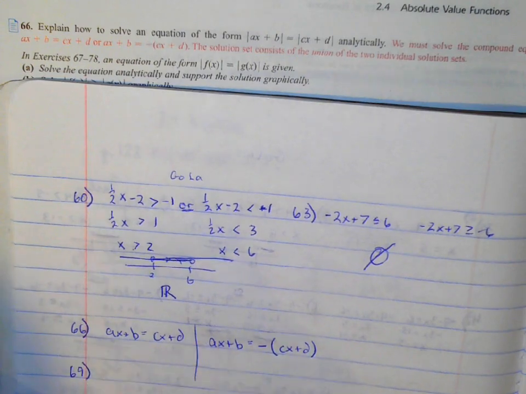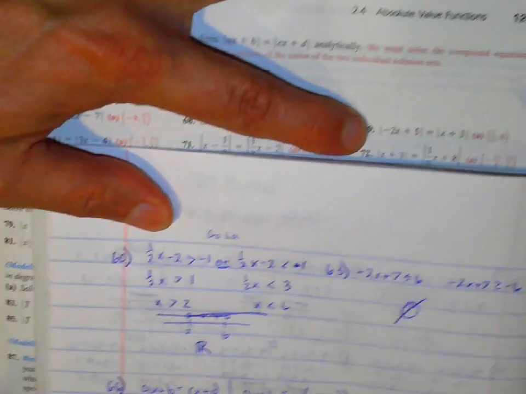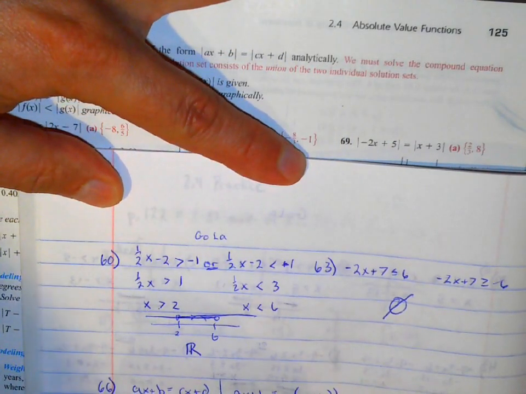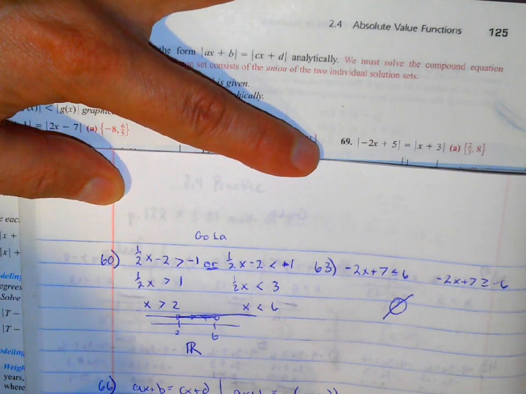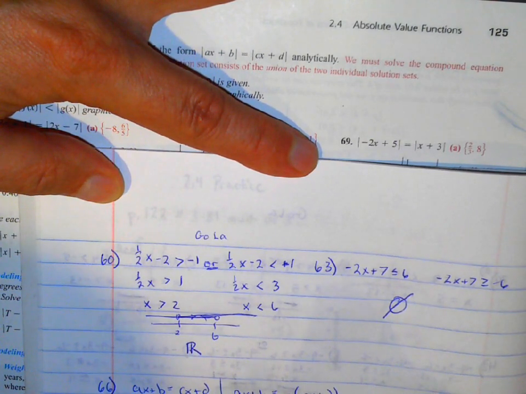69. Okay, so here we actually have to work this out. We have negative 2x plus 5 will equal x plus 3. And the other equation is negative 2x plus 5 has to equal the opposite of x plus 3.